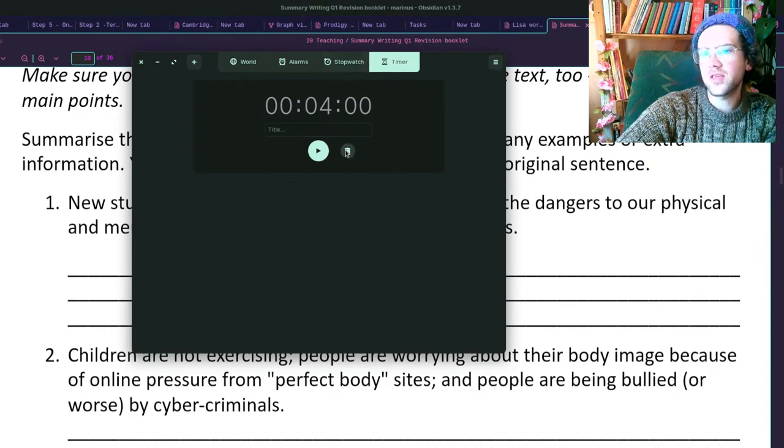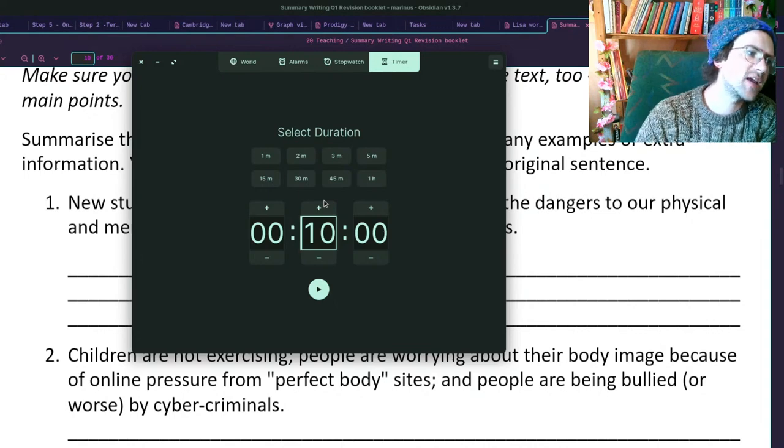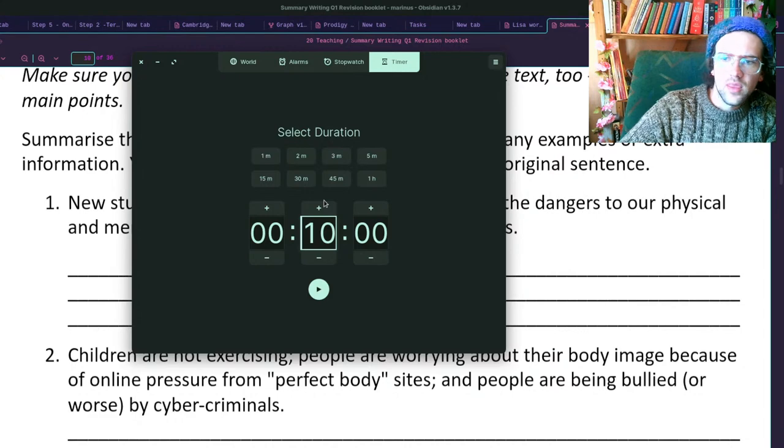You guys will notice I will be doing a lot more timer type of things in the coming weeks to try get your speed up. Okay, so I'm going to give you 10 minutes to complete page 10 quickly, okay?